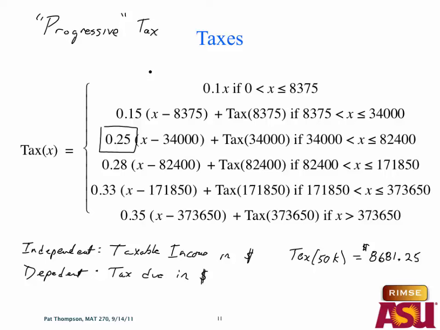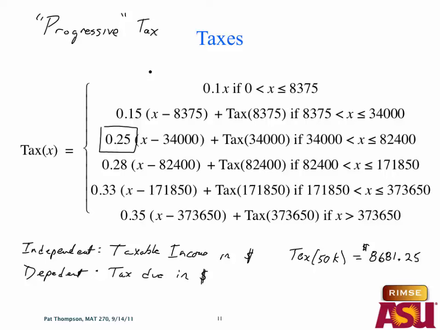So if I make 10,000 more than the left bound of my interval, I'm going to be charged a higher rate on those 10,000, but I'm going to be charged the same rate on the previous whatever thousand. Okay. Anyone else?